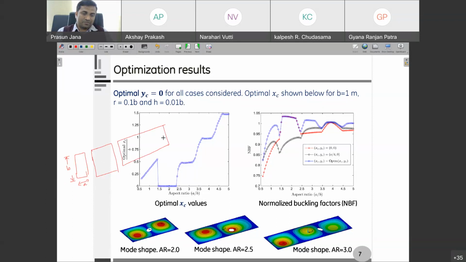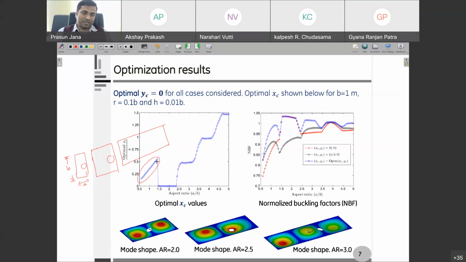We start with this, and you can see that when the aspect ratio is smaller, the optimal locations are near the edge, exactly at the range where it is given. Then, as I was telling, there is a transition.